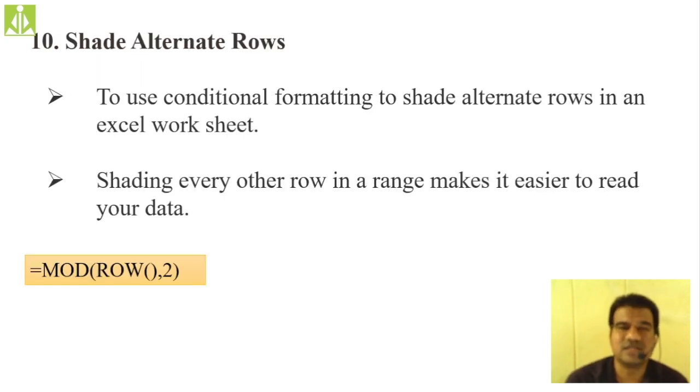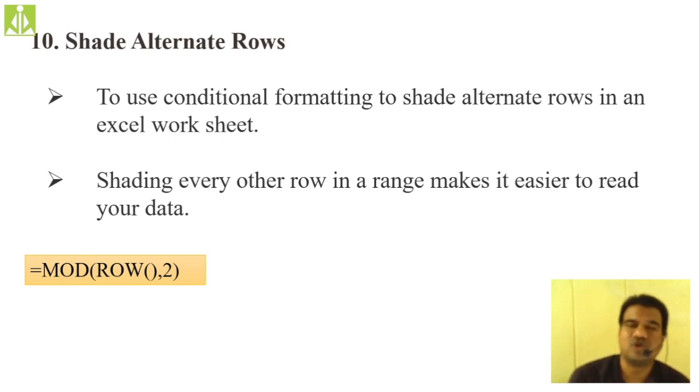So the next thing is shading alternate rows. It will not give any kind of calculation or manipulation for you. It is simply a kind of representation with which the user or the reader will find it easy to read that Excel document.